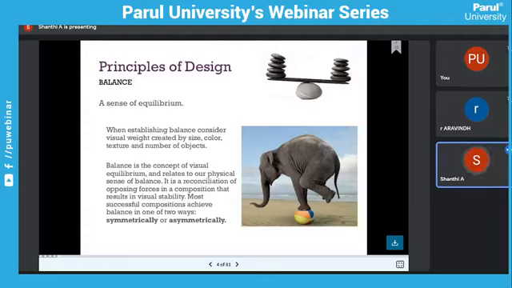When we talk about design in a print medium or any visual medium, the colors will be balanced on both sides, the text will be balanced on both sides, or elements like circle shapes can be balanced on both sides. So when things are balanced equally on both sides, we call it symmetrical balance.